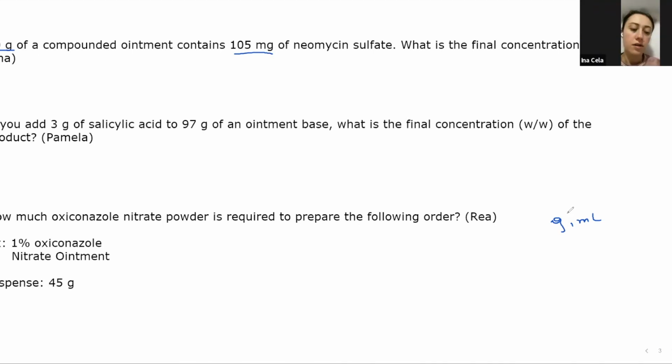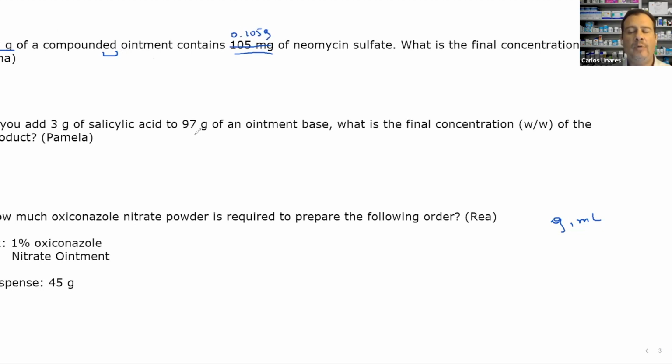So let's look at this for a minute. The 30 grams is the compounded ointment. That's what's already made. So people typically do that because they see this to be the smaller number, but forget to convert this. When you convert this to grams, this is 0.105 grams.